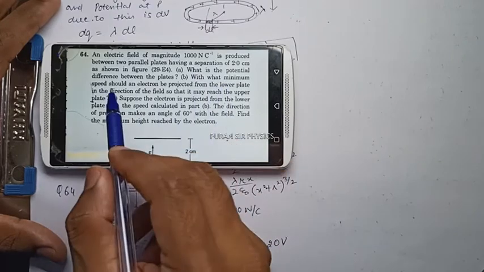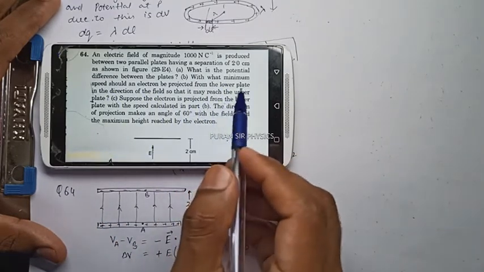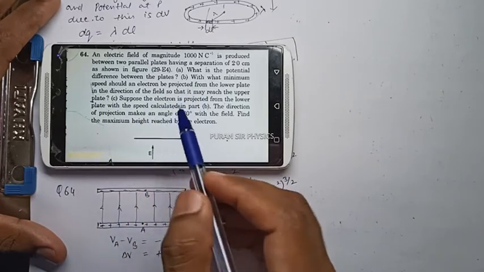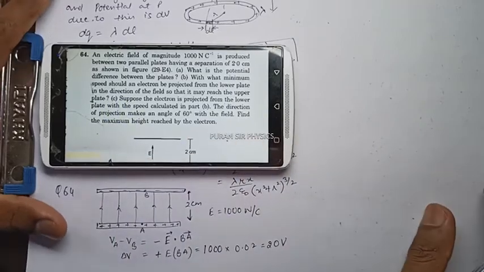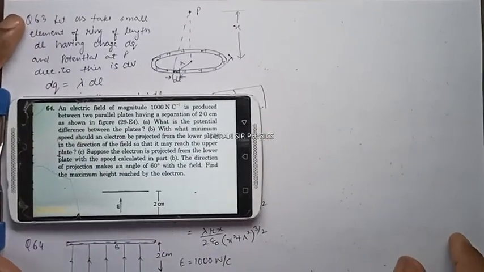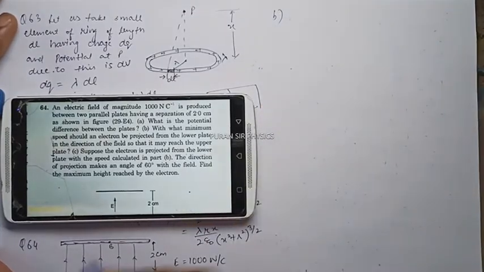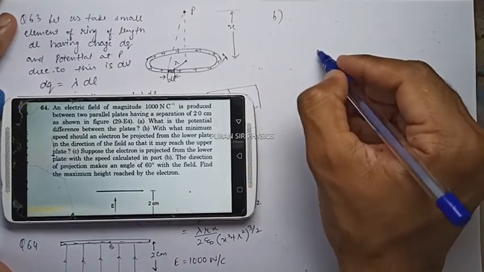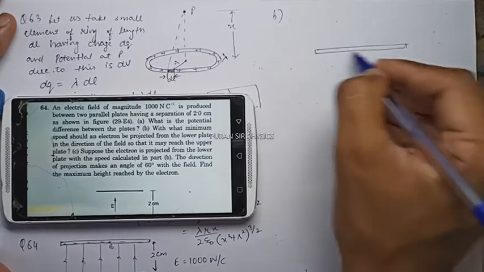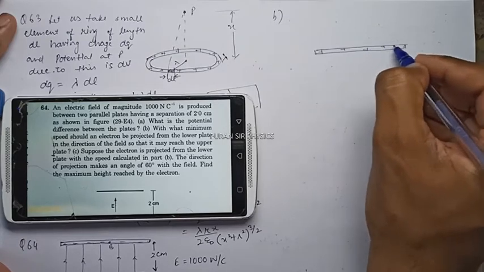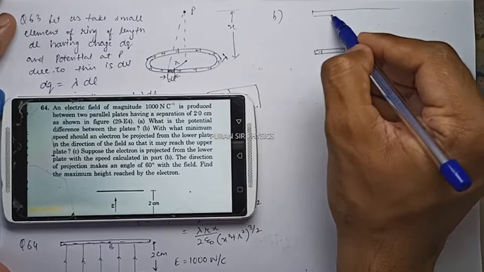So with what minimum speed should an electron be projected from the lower plate in the direction of the field so that it may reach the upper plate? Okay, so in the second part, we are projecting an electron from the positive plate.